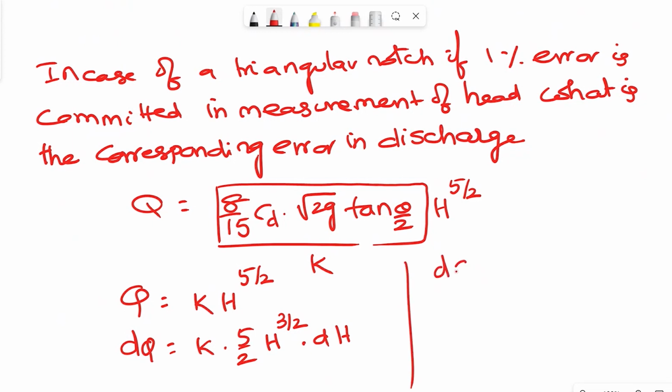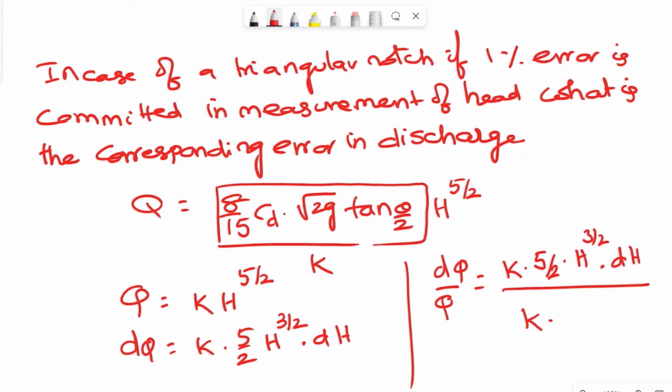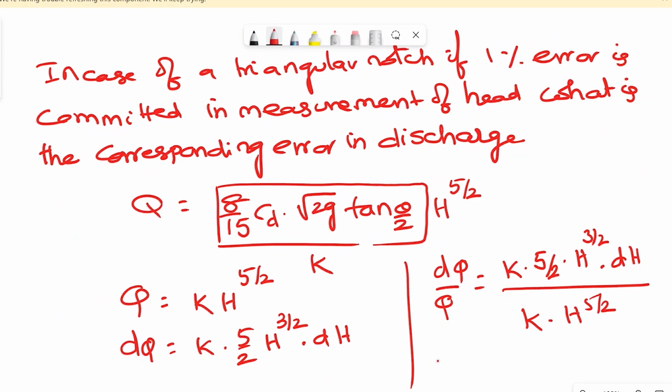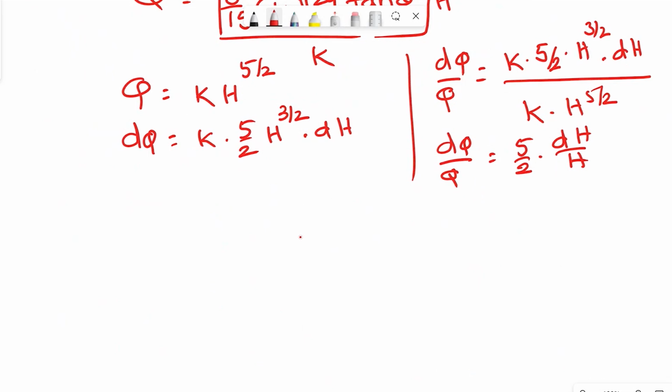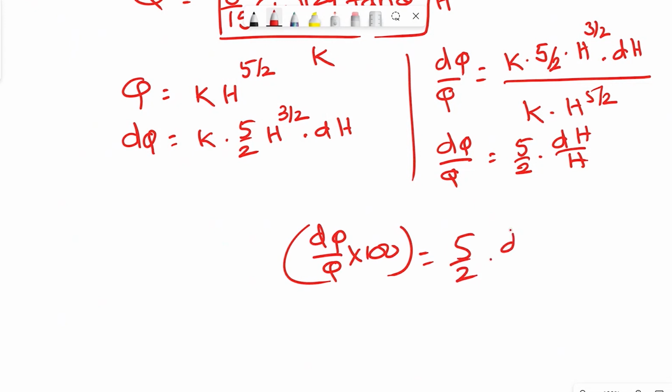Then dQ by Q is K into 5 by 2 into H to the power of 3 by 2 into dH divided by K into H to the power of 5 by 2. Therefore dQ by Q is 5 by 2 into dH by H, or dQ by Q into 100, as a percentage, is 5 by 2 into dH by H into 100.